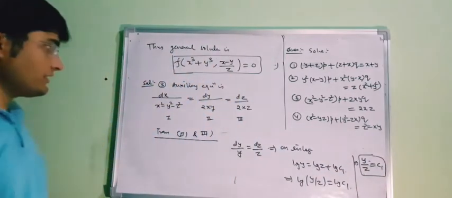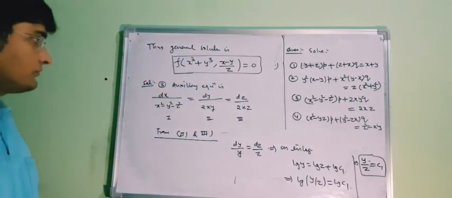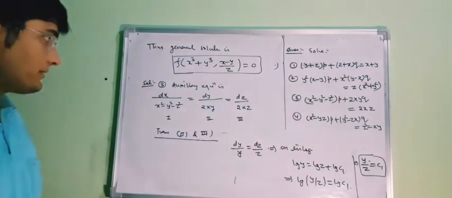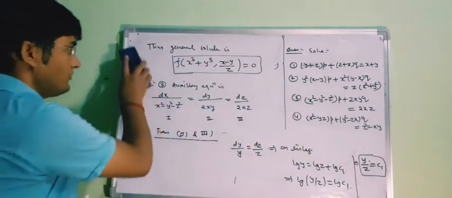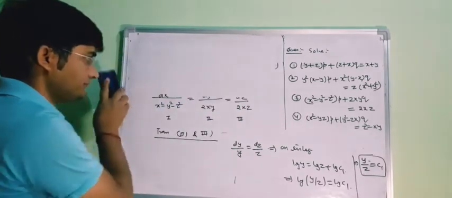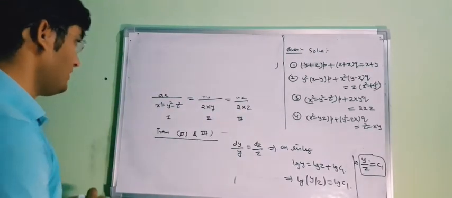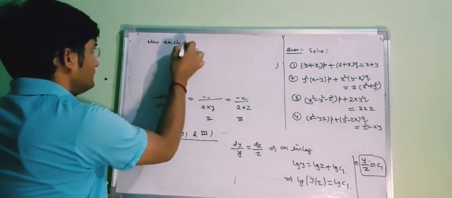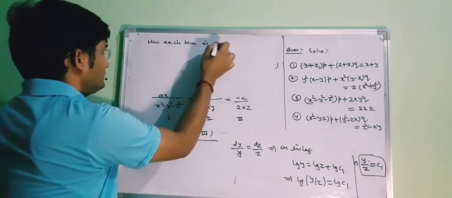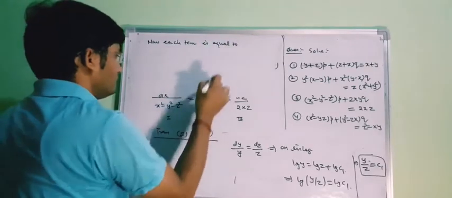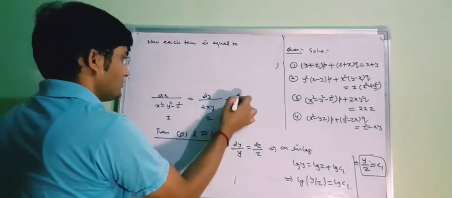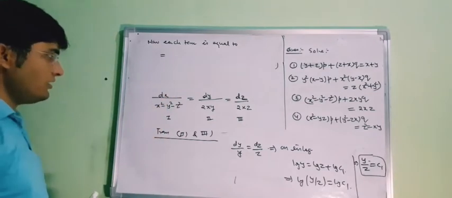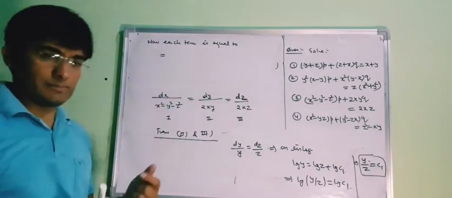Now to find the second solution, we have to get the second solution for the third part. So for that, now each term is equal to, this was your dy and this was your z. Now choose your multiplier.